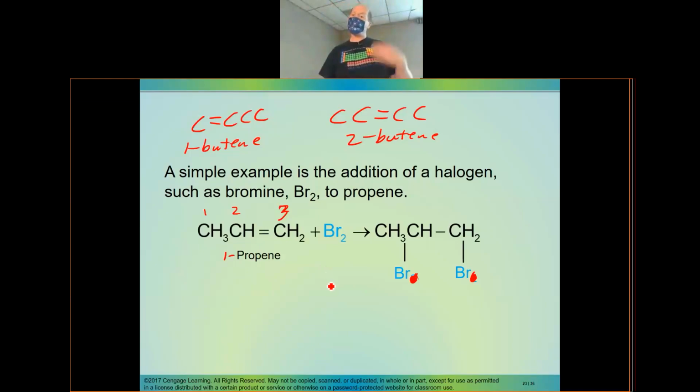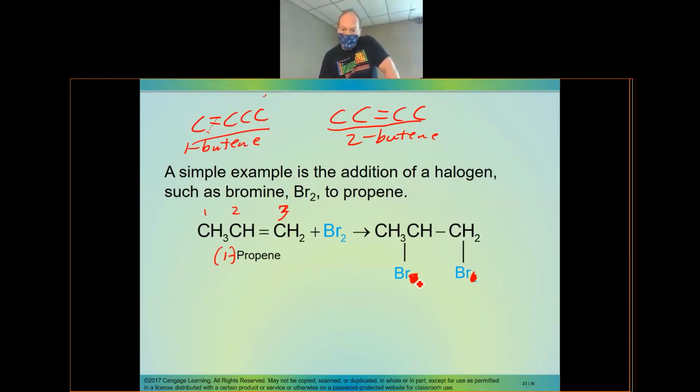With propene, there's no such thing as a 2, so you don't have to put the 1. I would recommend going ahead and putting the 1. If it is me grading it, that is fine. I do not take off for a number that doesn't have to be there. However, if you called this butene, it would be wrong, because without the 1 here, I wouldn't know if you're talking about this butene or this butene.